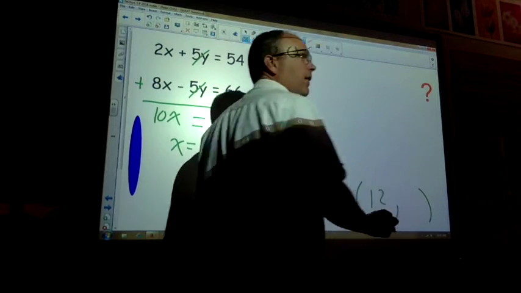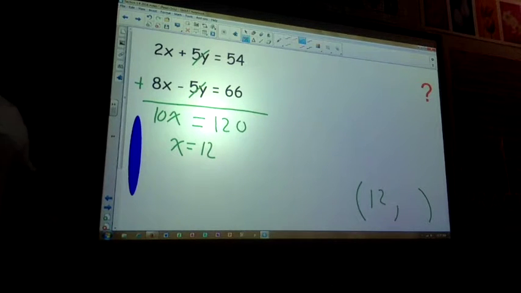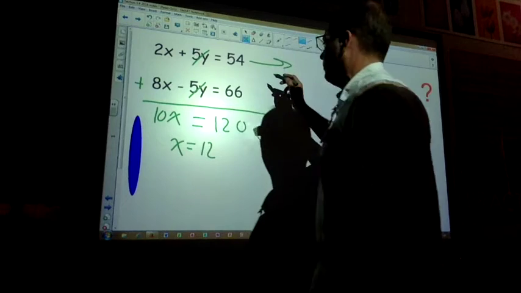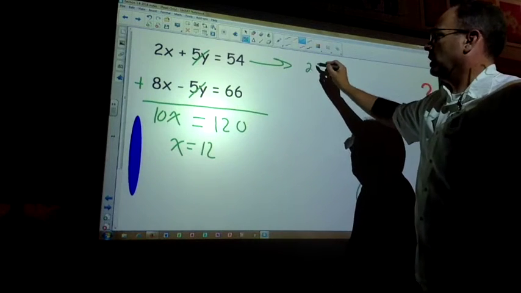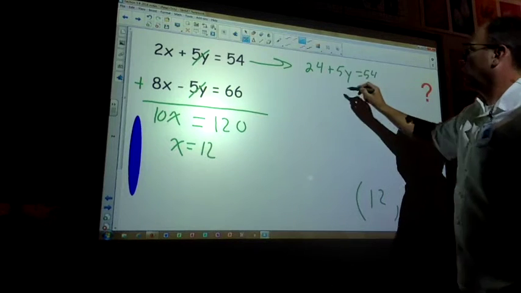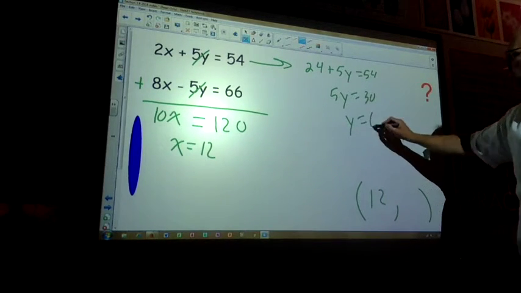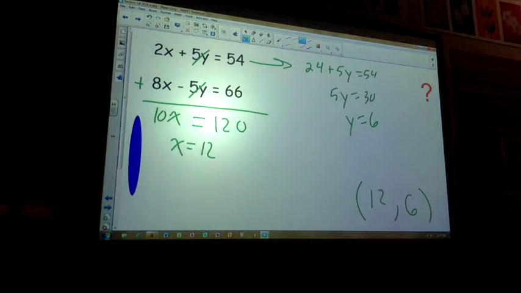No, what do we still need to find? The y. So we have to go back and say which one would make sense for us to plug into. I'll take maybe the top one. It doesn't really matter. But I get 24 plus 5y equals 54. Subtract 24. And then y is equal to 6. Is that okay? Yeah.